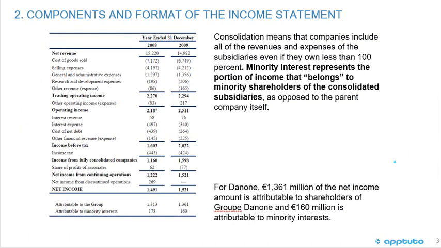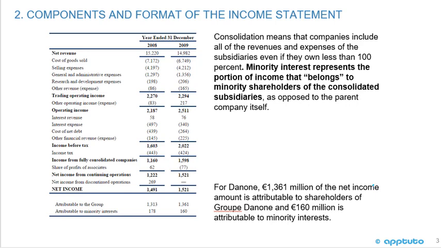Components and format of the income statement. The first thing that we're going to look at is when a company is doing consolidation. Consolidation means that companies include all of the revenues and expense of subsidiaries even if they own less than 100%. Minority interest represents the portion of income that belongs to minority shareholders of the consolidated subsidiaries as opposed to the parent company itself.